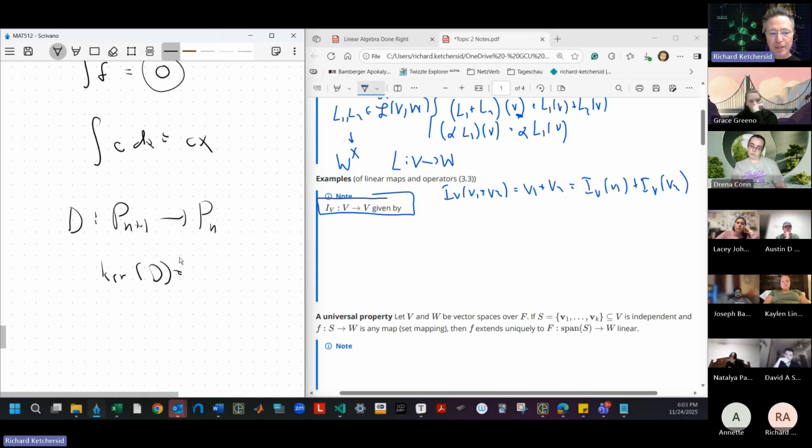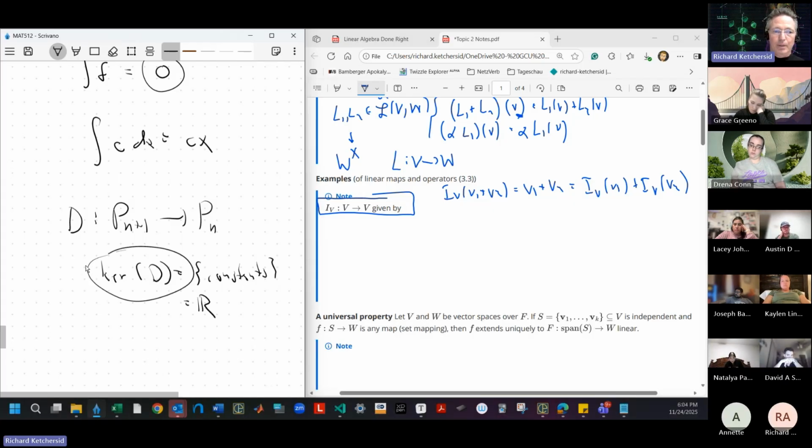So which things have derivatives that are 0? Yeah, so these are the constant functions, right? So these are the constants. And this is basically isomorphic to the reals, or the same as the reals. So the dimension of that kernel is 1, right?